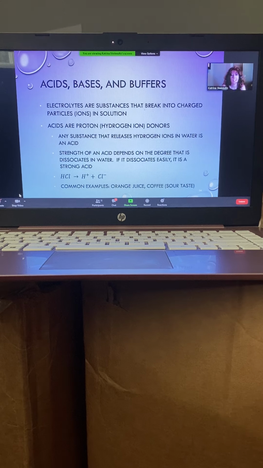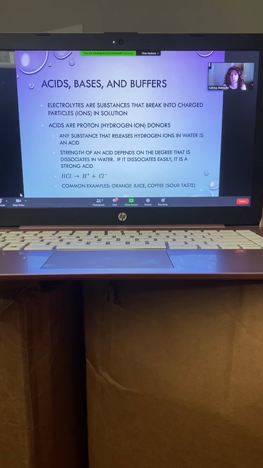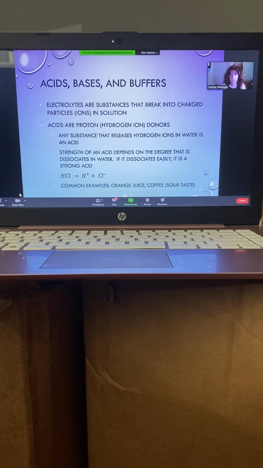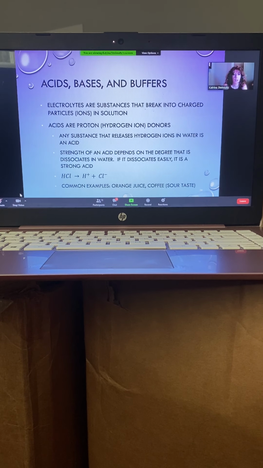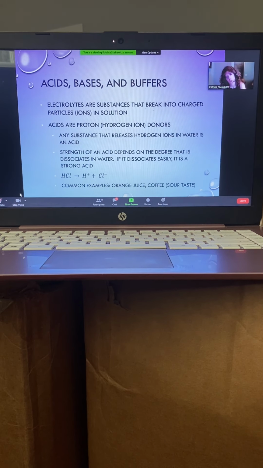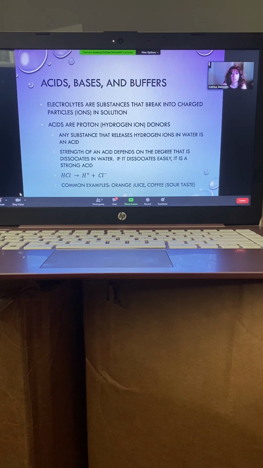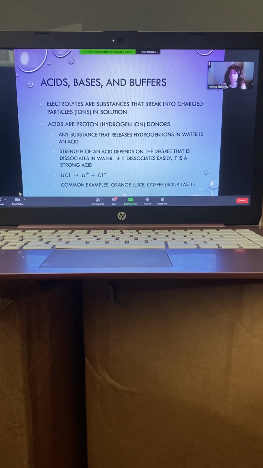So depending on the type of ion that it breaks into, it can also create something that's very acidic or something that's very basic. Acids are substances that release hydrogen ions in water.